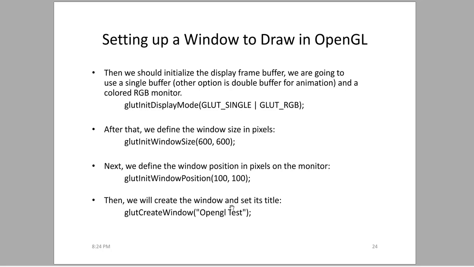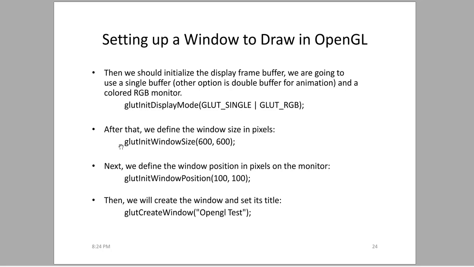But of course I will ask you in the exam about these functions. For example, what is the glutInitWindowSize function? What does it do? Or what is glutInitDisplayMode? Or maybe I can give you code which contains all of these, and then you will say what this code does, so you will explain the output of that.